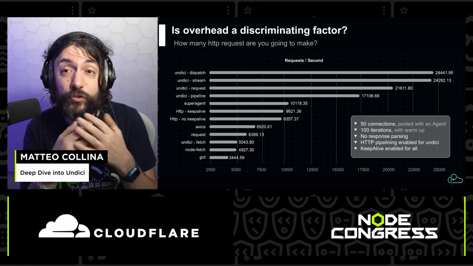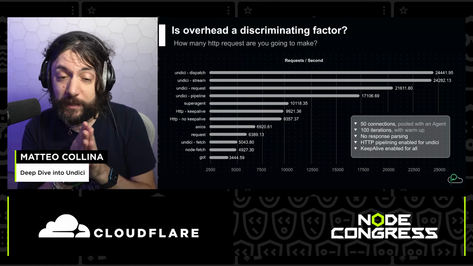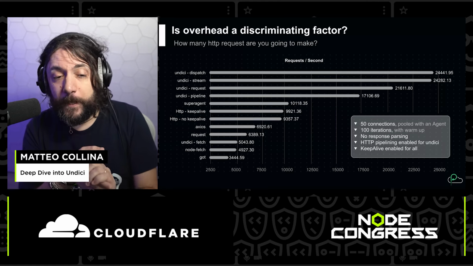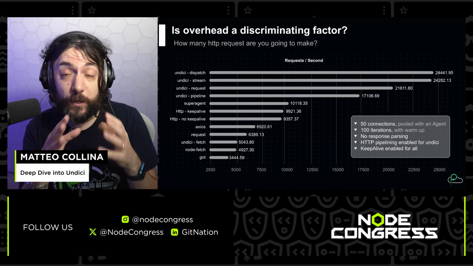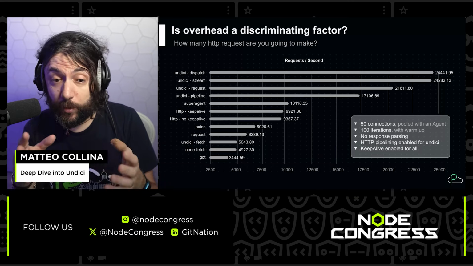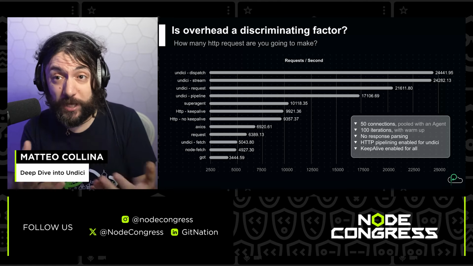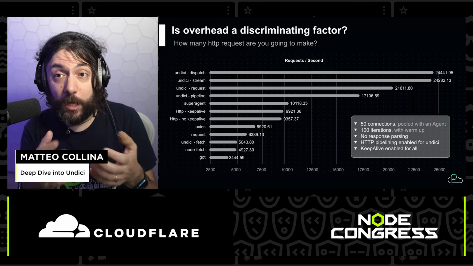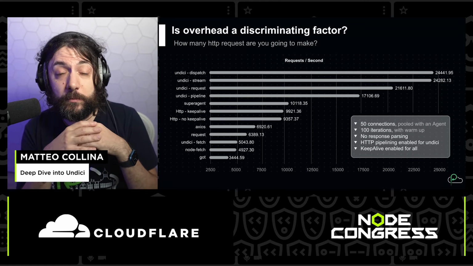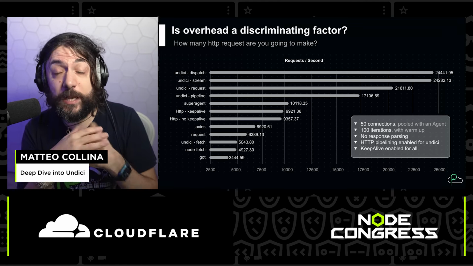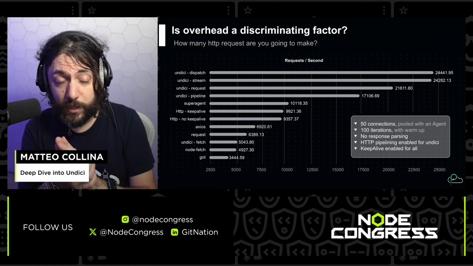Or Undici.stream, which is even faster, but again, probably too low level. You can get a huge amount of requests going out from a single Node process, 20,000, 21,000 requests per second. That's a lot of requests to send. So essentially, our goal is that making HTTP requests should not be the bottleneck of your app with Undici.request.